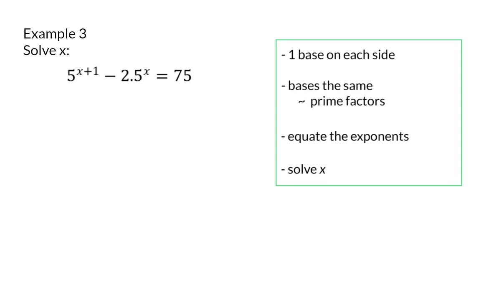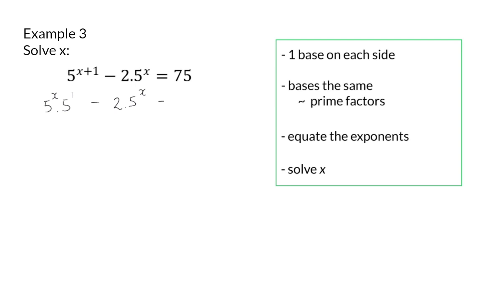In example 3, we now have two terms on the left-hand side of our equation. So if you need some more information about this, you can go and watch video 3 again. We now need to make a plan to change the left-hand side to one term. And to do that, I'm going to start off by breaking up the first term and giving each exponent its own base.